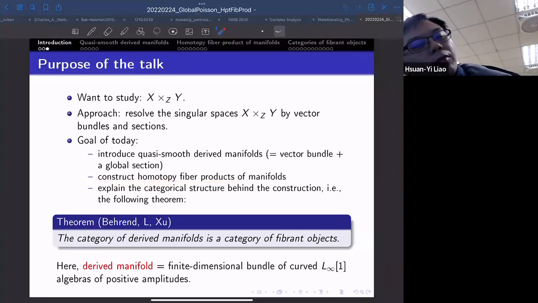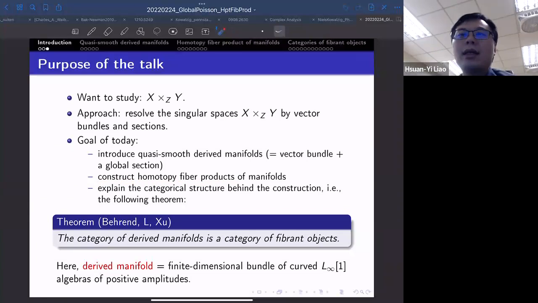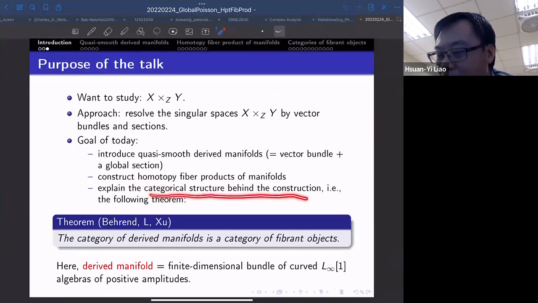As I said, a fiber product of manifolds might not be a manifold, so we find a smooth replacement of the fiber product, and that's what I call homotopy fiber product here. If I have enough time, I will explain the category structure behind these homotopy fiber products.